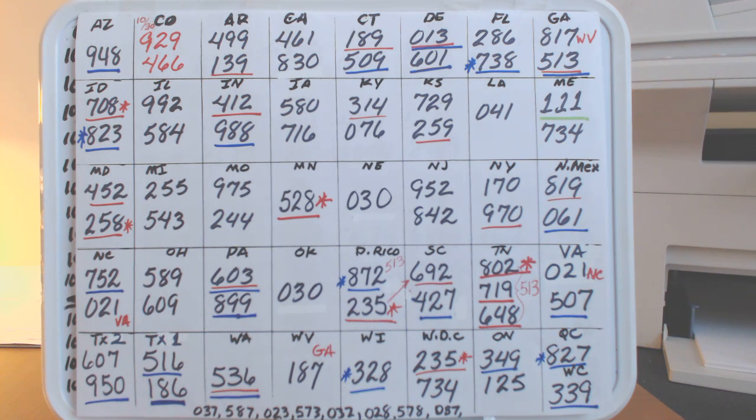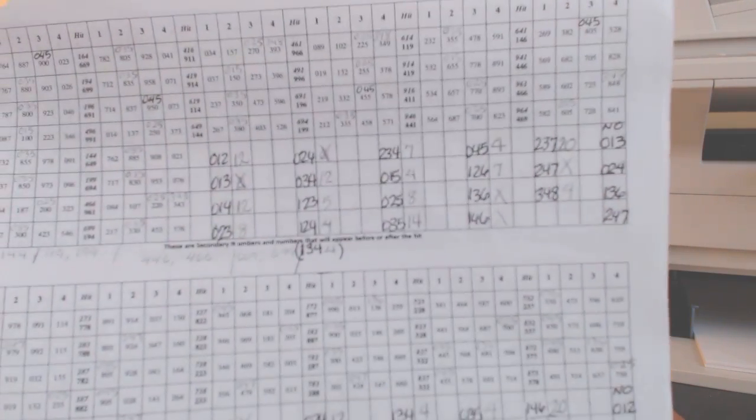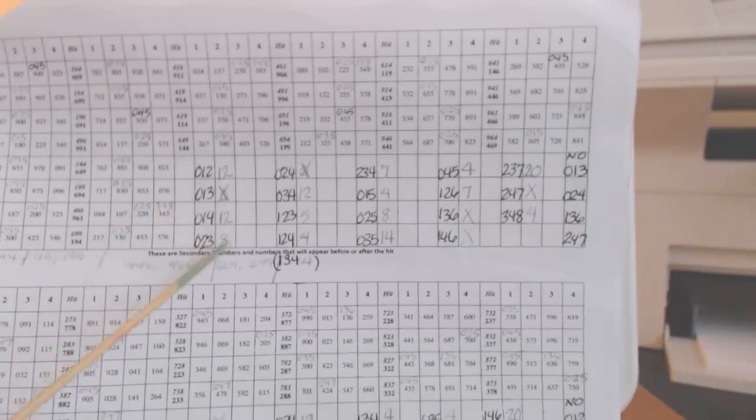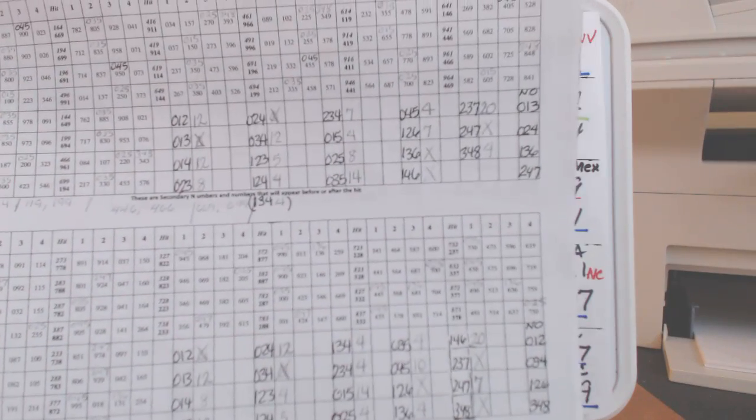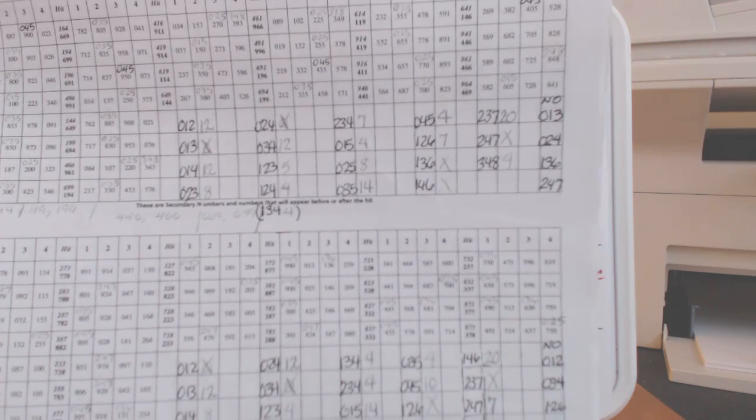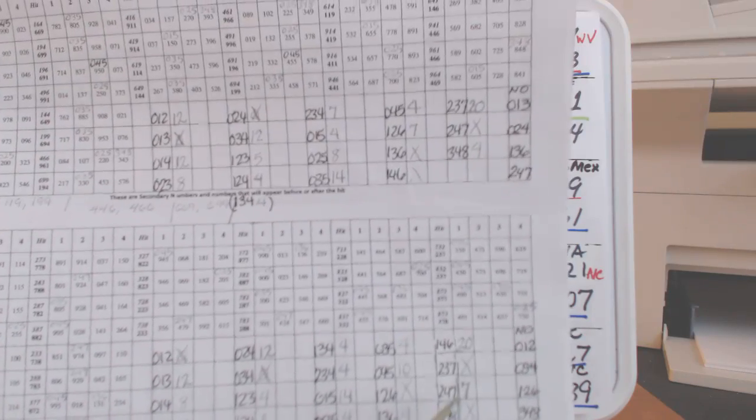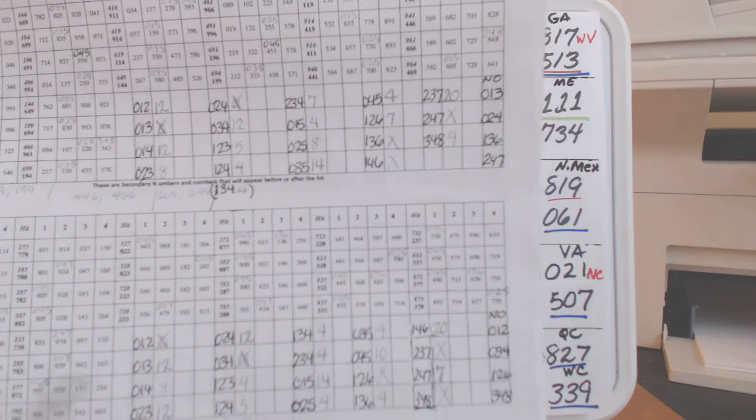I would like to show you a booklet that I use, and it's kind of marked up because this is how I go about breaking down numbers. In the 237 family, I have broken down everything from the 012, the 013, and how many times I can find these numbers in the rundown.